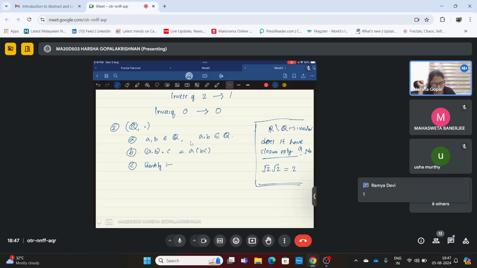Under multiplication, the identity will be 1, because for any rational number Q, Q dot 1 will be Q, the same as 1 dot Q. That's all about identity. Now, what about the inverse? If Q is a rational number, what is Q inverse?